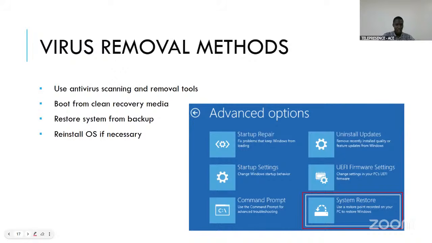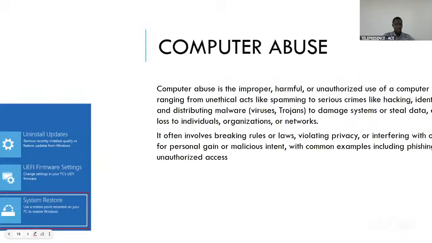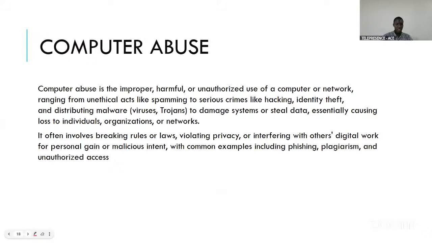Two, restore system from backup if necessary. Remove virus from our computer devices. So we have looked at the first harmful way in which our devices are affected, the computer virus.